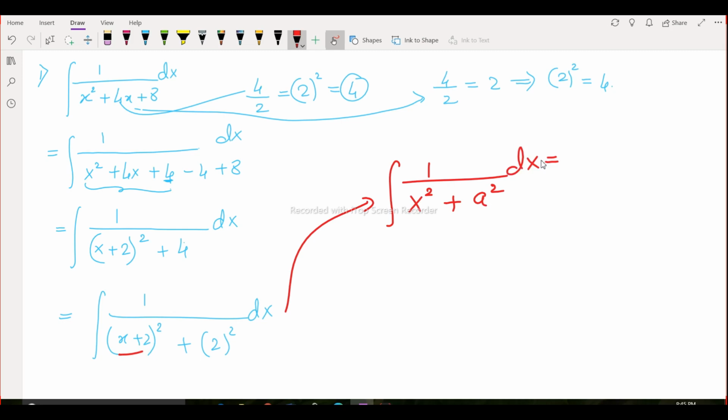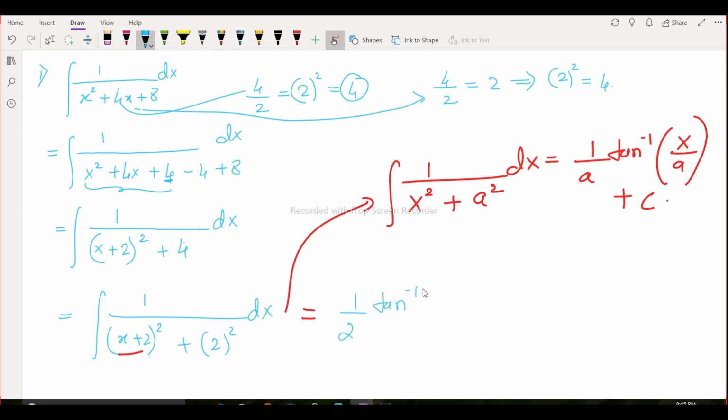The formula was 1 upon a tan inverse x by a plus c, right? So let's solve this one. What we get is 1 by 2 tan inverse of (x plus 2) by 2 plus c, right? So this was the first question.